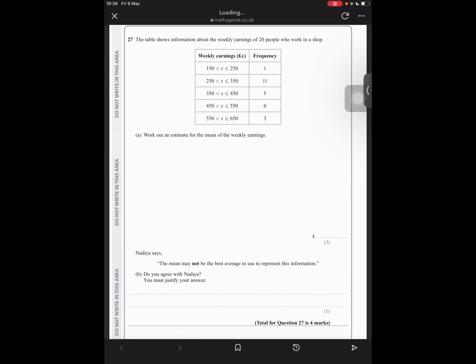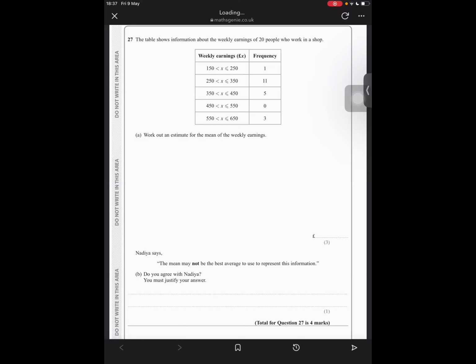Because they gave us a range, we don't know the exact value. For instance, x is between 150 and 250. It can be any number in between those two numbers. So what we usually do is find the middle position. How do we find it? We say 150 plus 250, divided by 2.